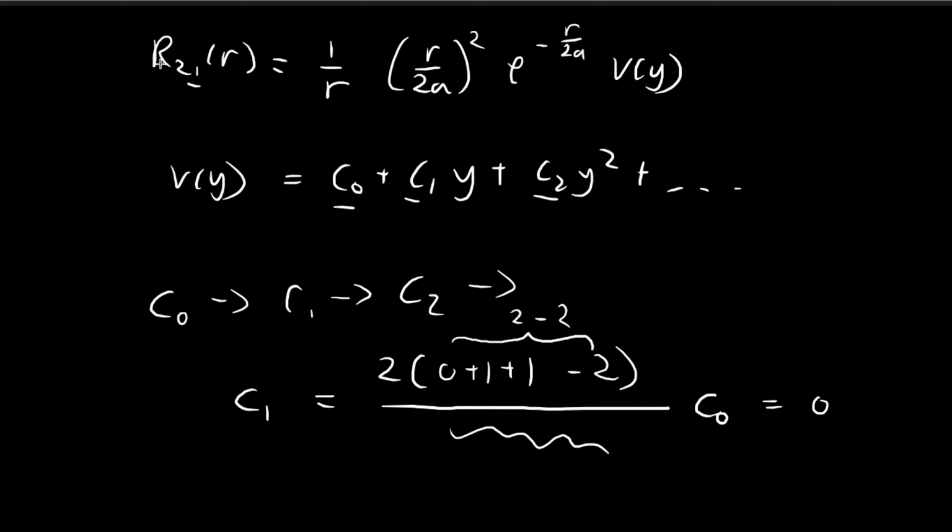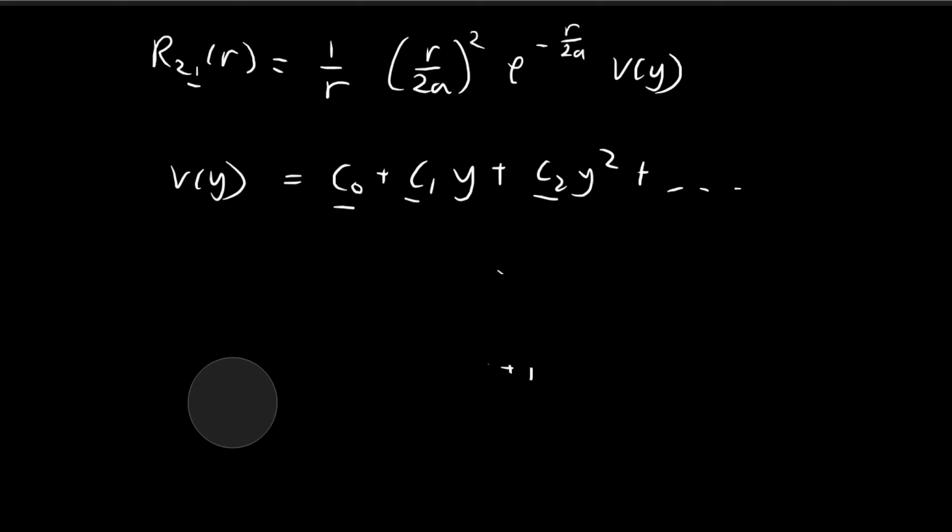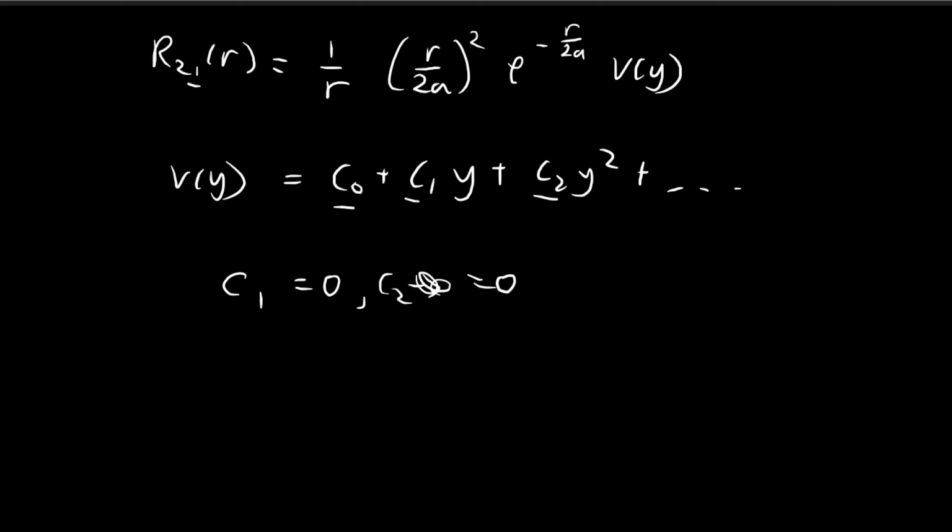So for the case of R21, the chain of coefficients immediately stops after the first term, so only the first term survives. All the rest are going to be equal to 0. So this implies that C1 is equal to 0, and C2 is equal to 0, and all the rest are equal to 0, so that means v of y is just going to be equal to C0, just a constant.